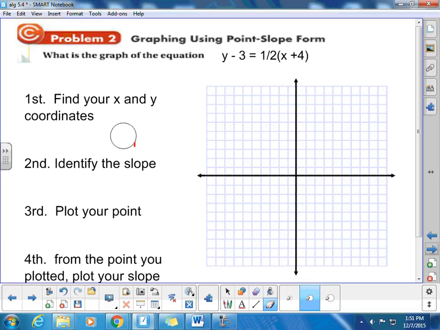Oops, I just put those in the opposite order. Sorry. X should be negative 4. Y should be a positive 3. So that's my point, negative 4: 1, 2, 3, 4 to the left, and 1, 2, 3 up.